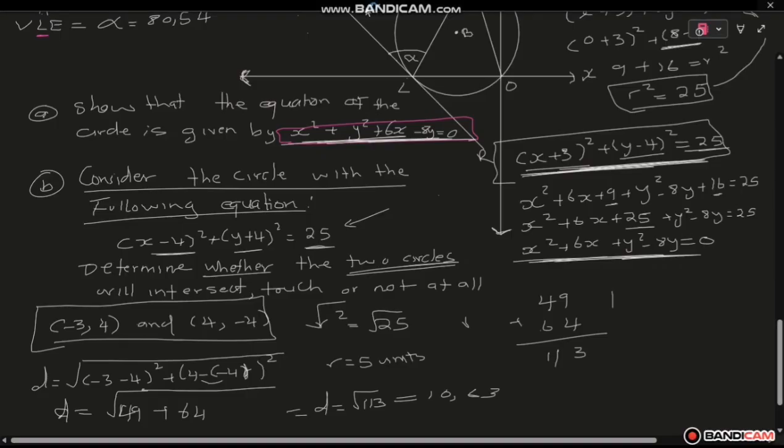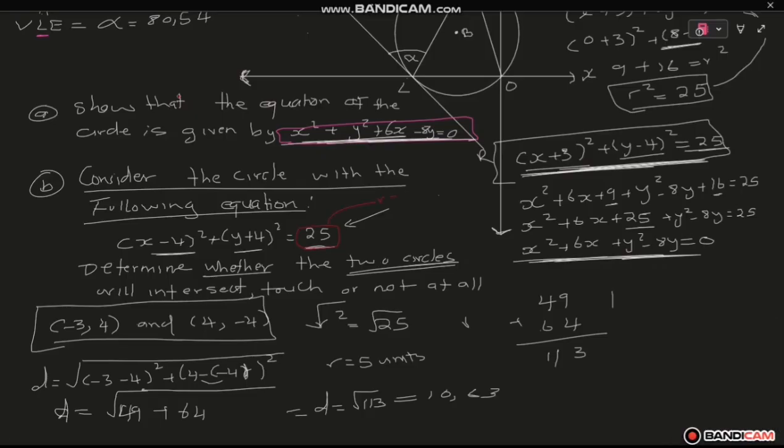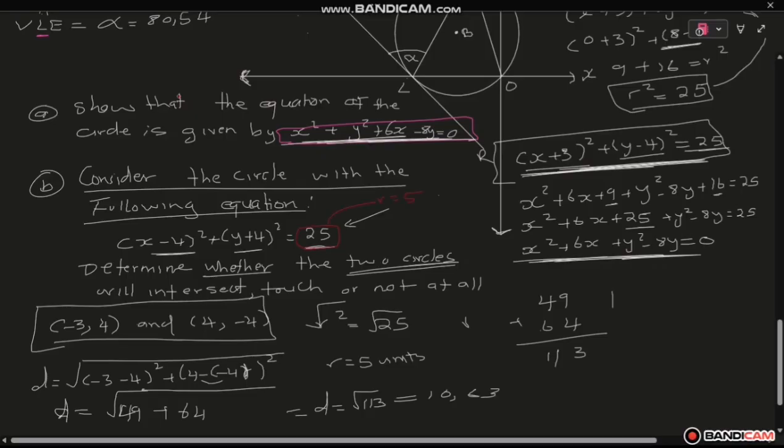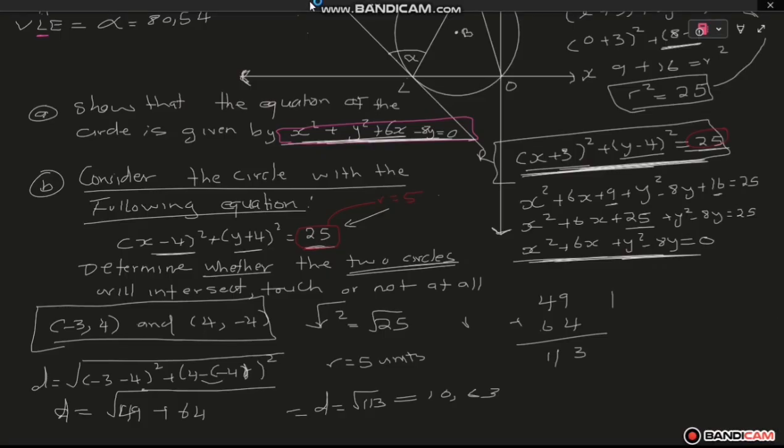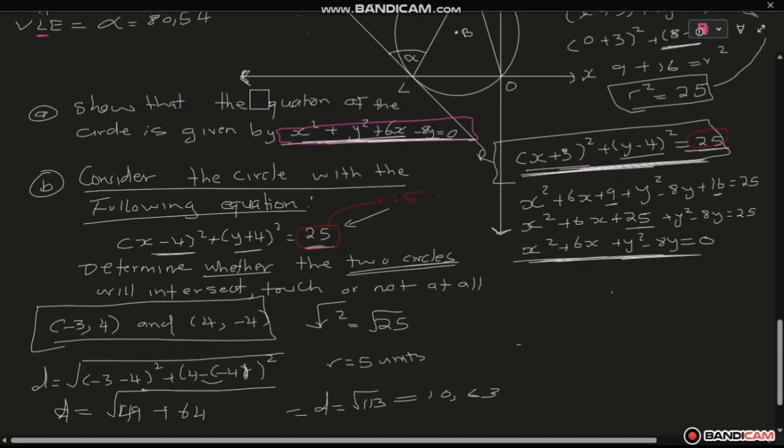So for us to conclude whether the circles are intersecting or touching or not at all, first let me make a space here by removing the calculations that I was doing. Okay, we have the distance.